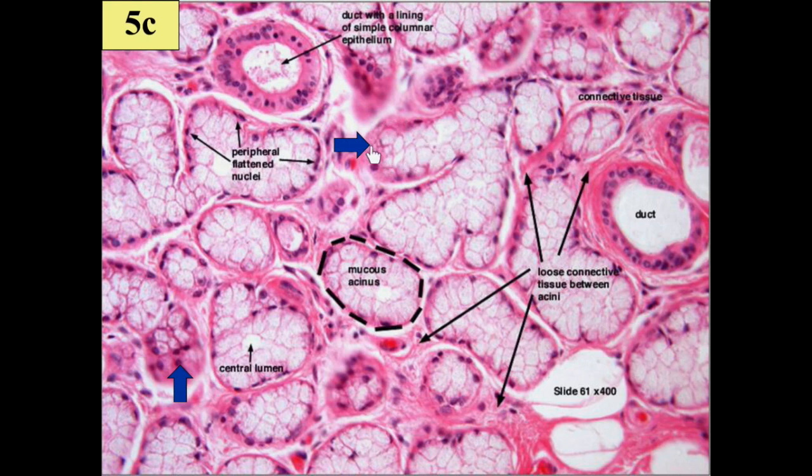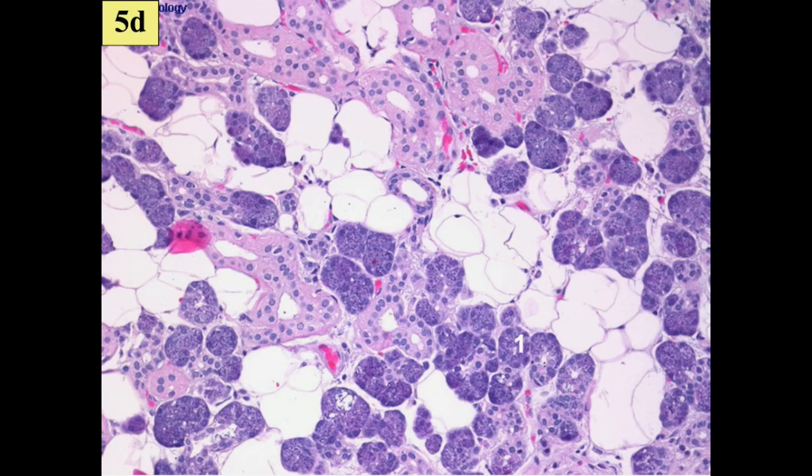This is mucoserous because there is a crescent of Gianuzzi here and there. And this, of course, is the intralobular duct. This picture is for the parotid, formed of pure serous acini, with a lot of fat cells in the connective tissue septa and prominent striated or intralobular ducts inside the lobule itself.